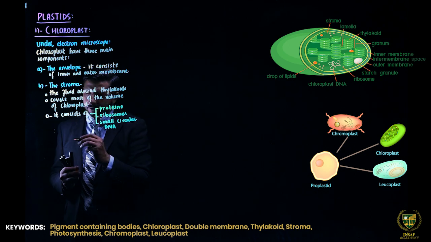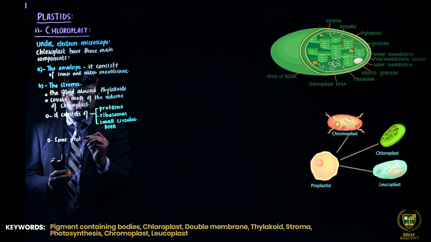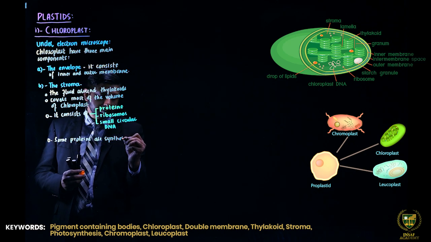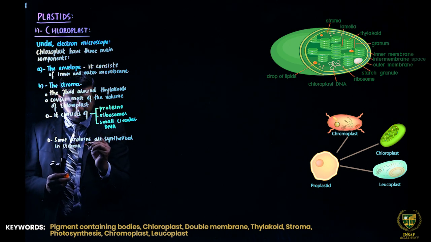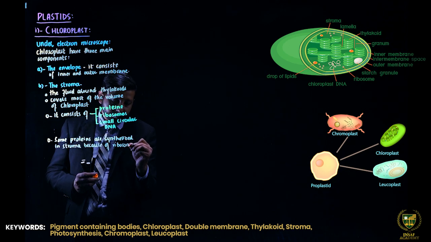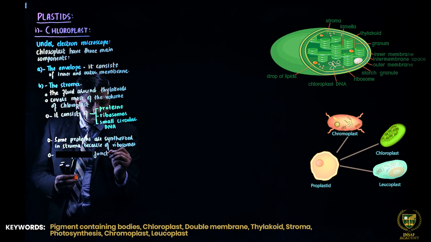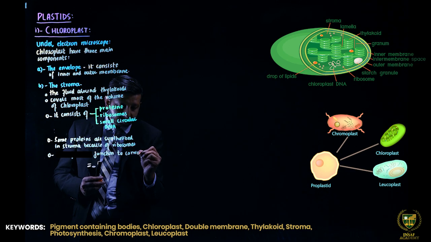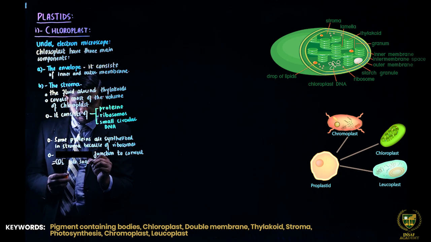As it has ribosomes, some proteins are synthesized in stroma because of ribosomes, and it functions to convert or reduce carbon dioxide into sugars. Clear?